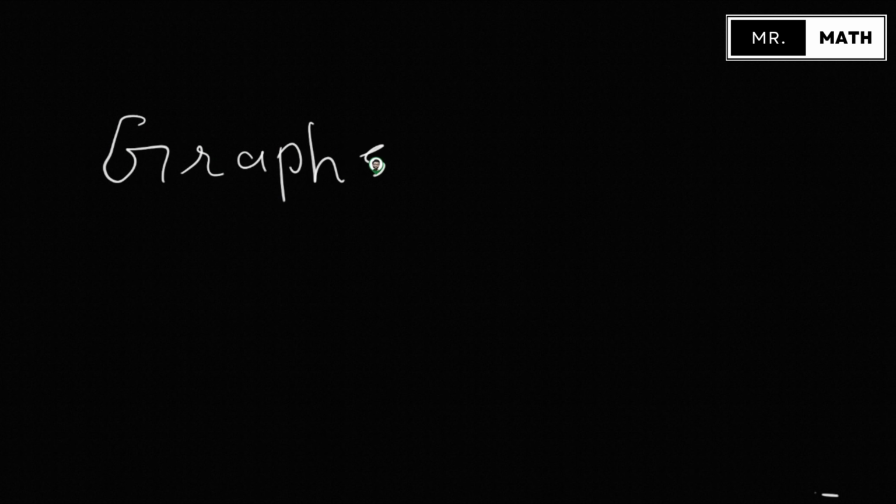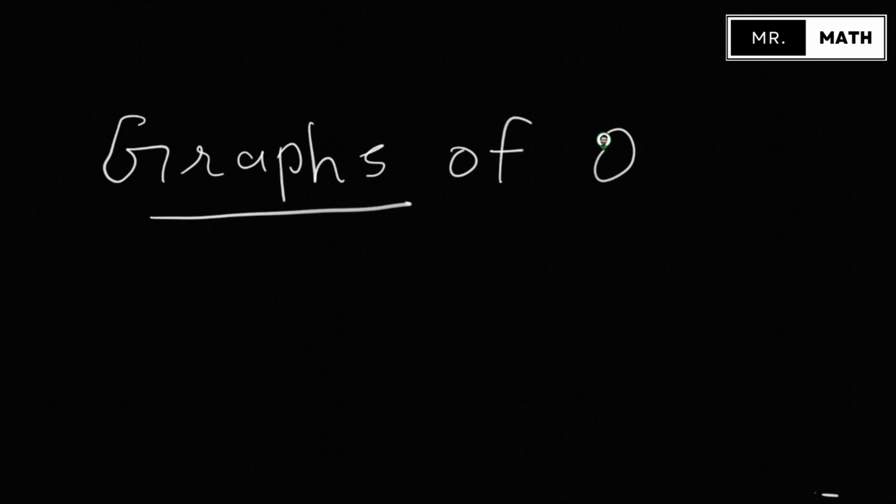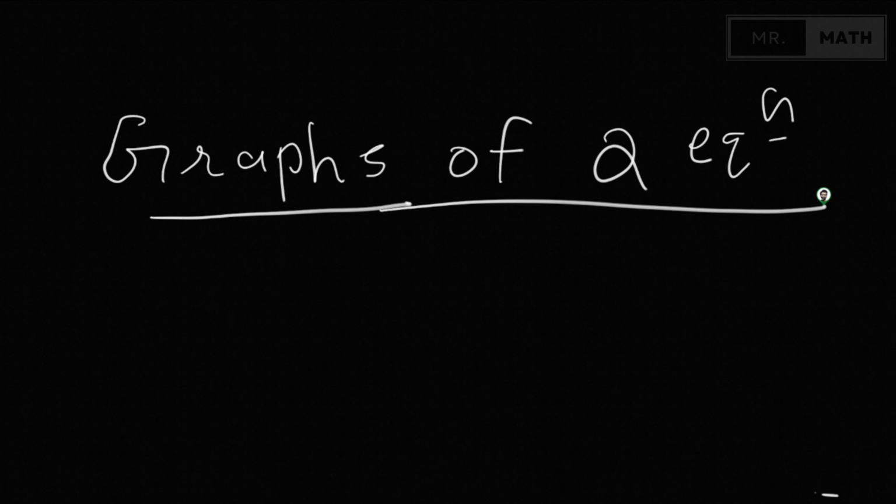Now we will see another thing, which is graphs. Graph of a quadratic equation. You might ask why we need to draw the graph if we have already found the roots.